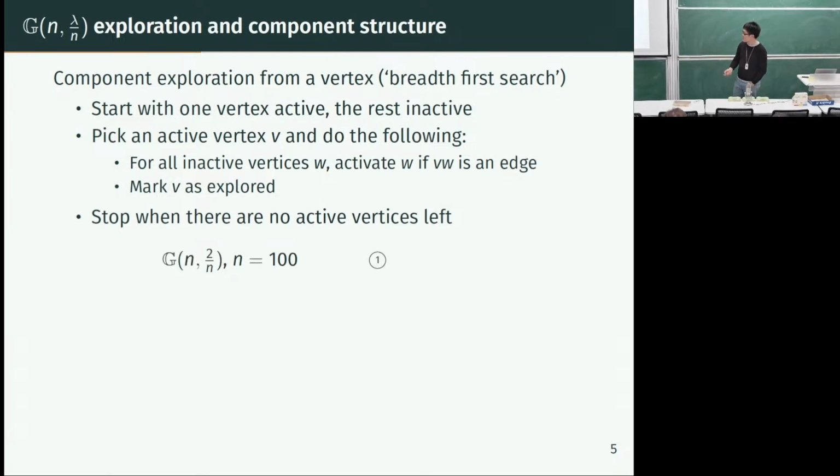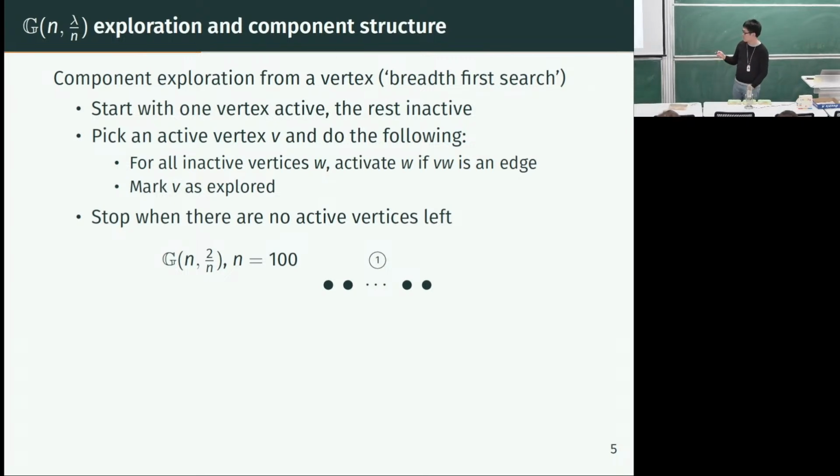So again, to give you an example, suppose I were in G(n, 2/n) for some large n, maybe n is 100, because why not? And I start from some vertex, maybe vertex 1, because again, why not? There's no real reason to prefer 1 or 100. So what I'll do is look at all other vertices, which I have now marked here in these little black dots. And I'll see whether there's an edge to each and every one of these, what does my neighborhood look like?